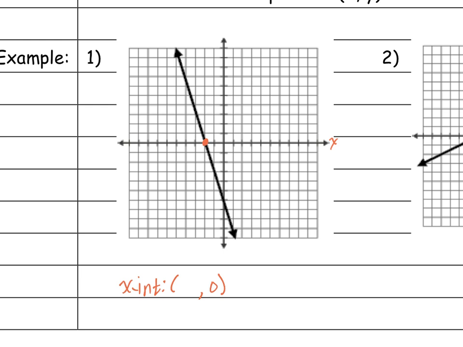Put in your chat box what number that is, please. Anybody? Can anybody type in the chat box where it crosses the x-axis?